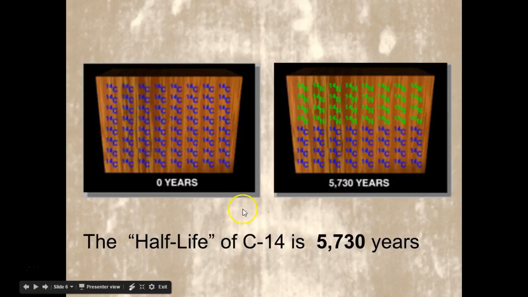All right, so the basic idea here is if you had, say, 100 or so C14 atoms, then in that half-life of 5,730 years, which you might want to jot down on your paper somewhere, you can see that half of them have turned into nitrogen atoms and the other half still remain carbon-14.